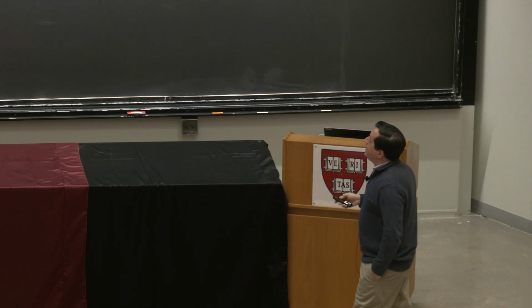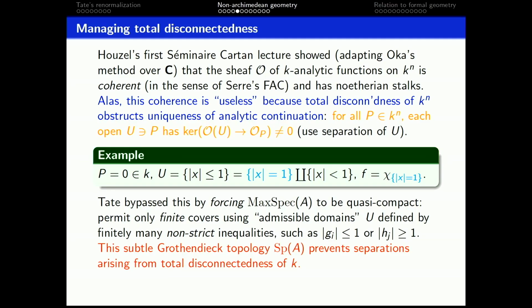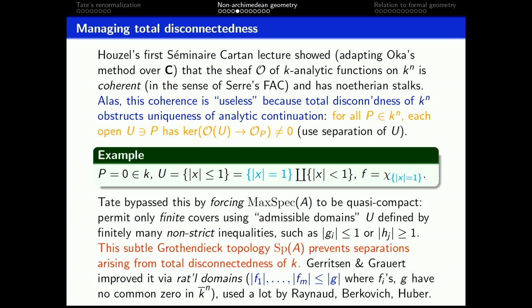But amazingly, he was able to actually prove real theorems based on this kind of brute definition. And this is not a usual kind of topology, so it's a somewhat subtle Grothendieck topology, but it turns out in the end to basically get rid of the separations that arise from total disconnectedness. Now, one side comment is that Tate's approach began with domains of this type, and originally this Grothendieck topology was very difficult to describe.